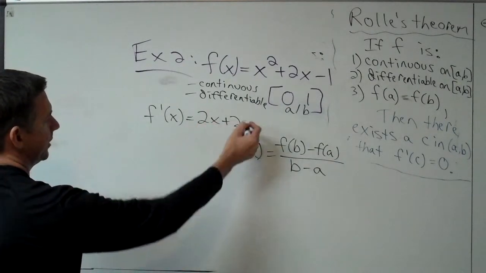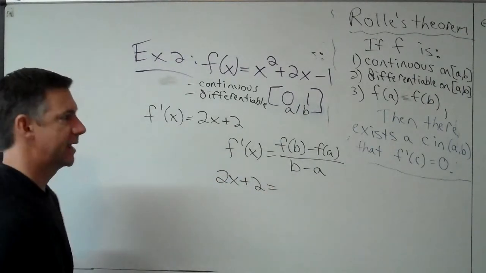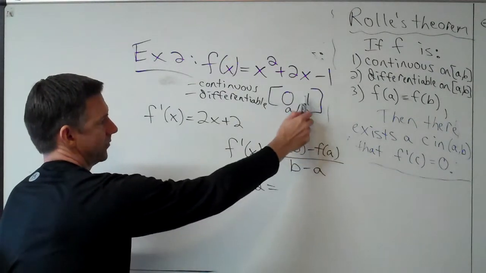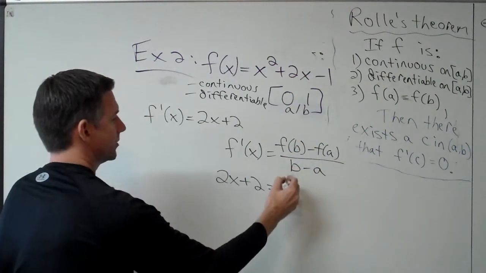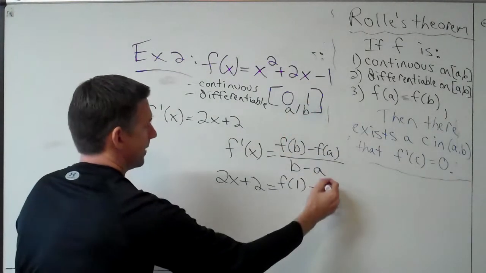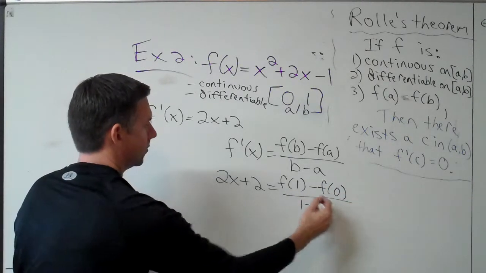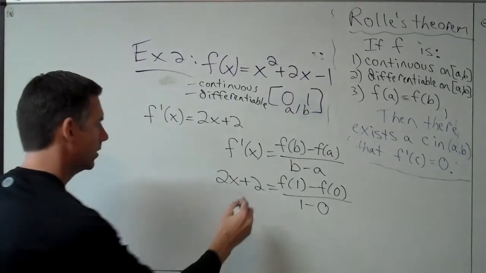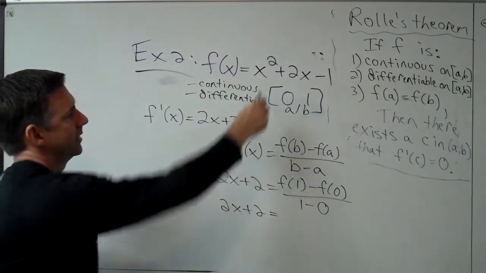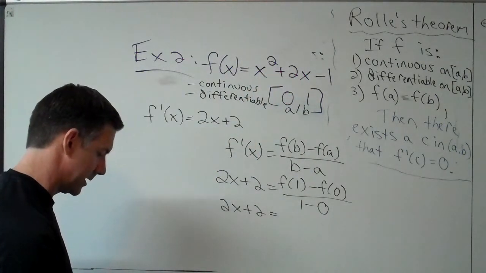So you take your derivative, 2x plus 2, and set it equal to, and these are y coordinates, the y coordinates that you get when you plug these in. We need to figure out what f of 1 is minus f of 0, and then divide that by 1 minus 0. So we have 2x plus 2 equals, and then we plug a 1 in there and see what we get. f of 1, I did that a second ago, and I got 2.